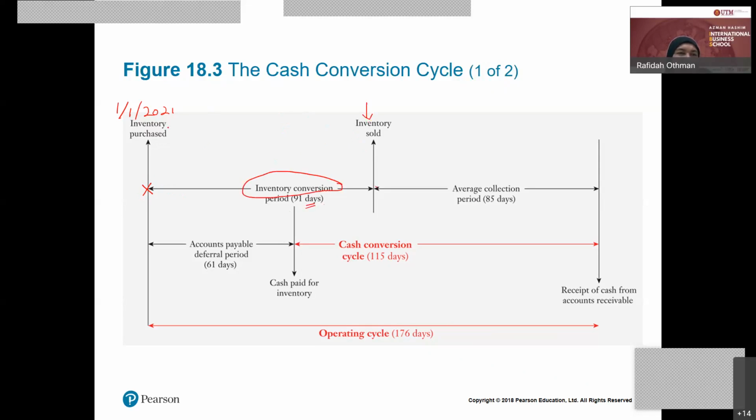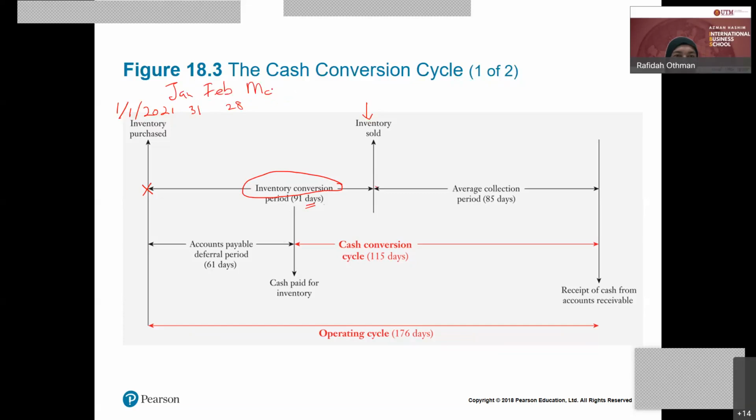Okay, 91 days. So this will be January, February, March. Meaning that this is 31st January, 31 days, February 28. So how many days here?